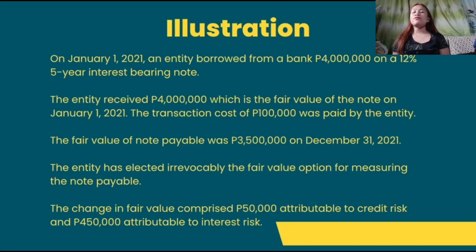The fair value of the note payable was 3,500,000 pesos on December 31, 2021. The entity has elected irrevocably the fair value option for measuring the note payable. The change in fair value comprised 50,000 attributable to credit risk and 450,000 attributable to interest risk.